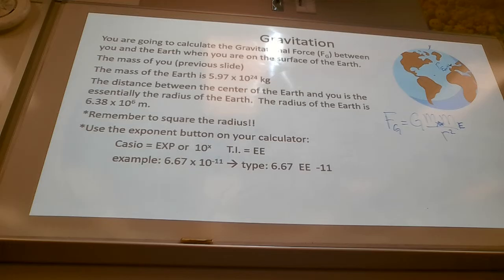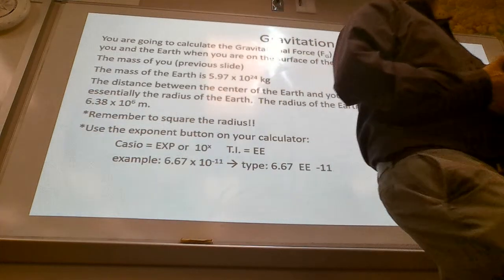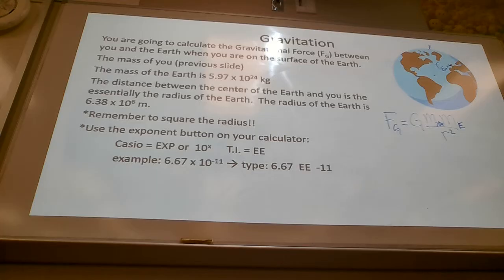You okay with that? I bet it's nothing. So the radius of the Earth is 6.38 times 10 to the 6th meters.